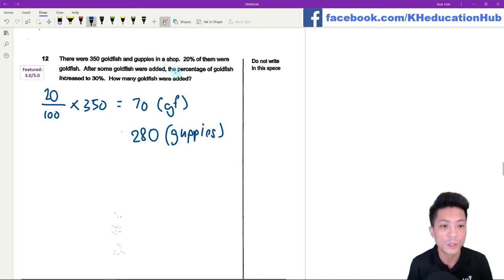Okay, in this question, you need to realize that the one thing that did not change is the number of guppies. So after some goldfish were added, the percentage of goldfish increased to 30%, which means that the percentage of guppies will be 70%. That 70% is equal to 280. Find out what is 1% and find out what is 30%.